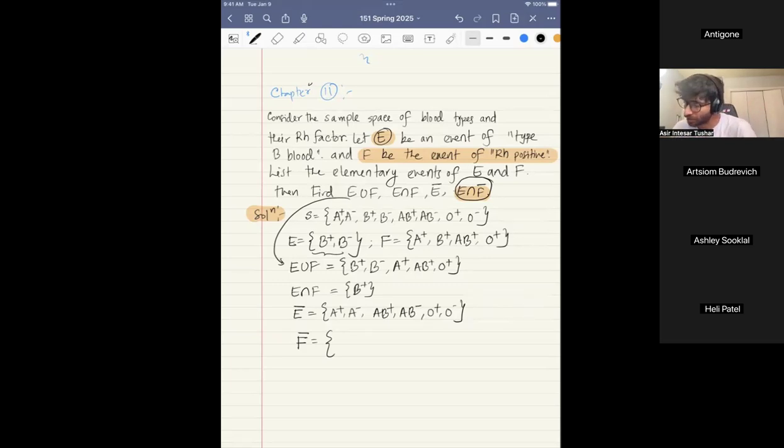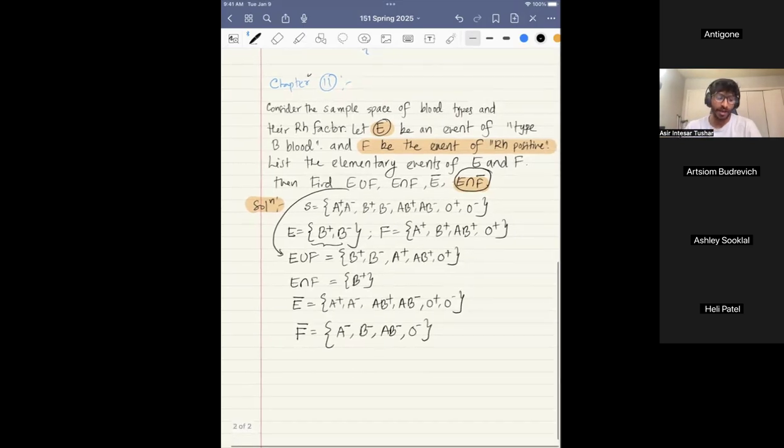So A positive we don't need. We need A negative, then B positive is there, we have B negative, then AB negative, then O negative. That is going to be not F, or F complement.